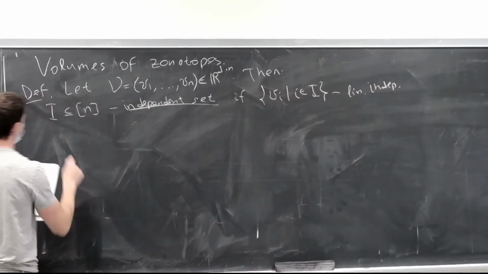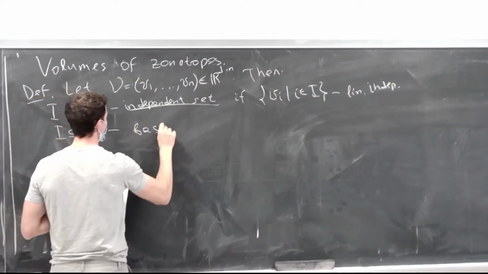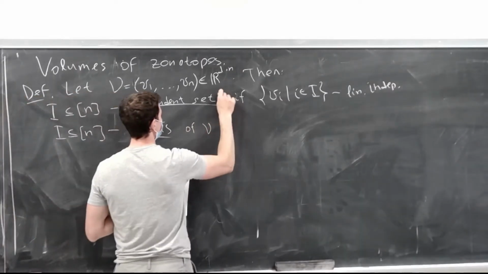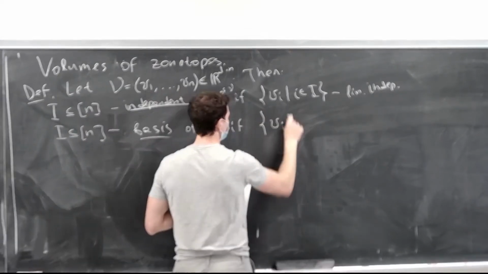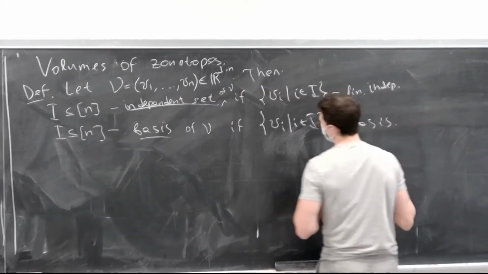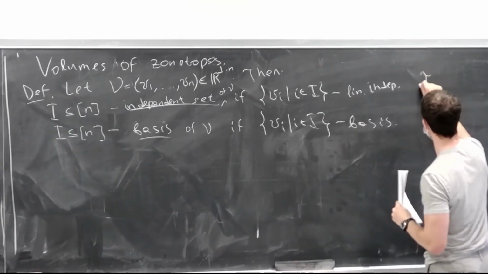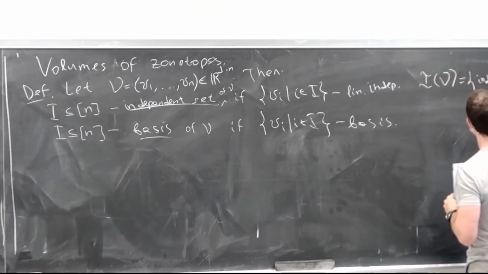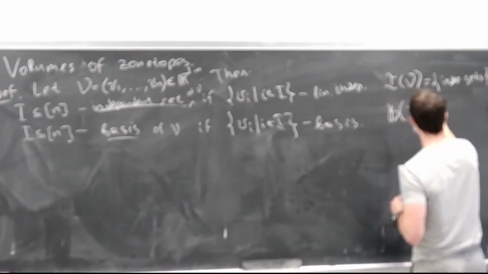And similarly, it's called a basis of V if the corresponding vectors form a basis. I'm going to use notation: fancy I of V is the set of independent sets of V, and fancy B of V is the set of bases.